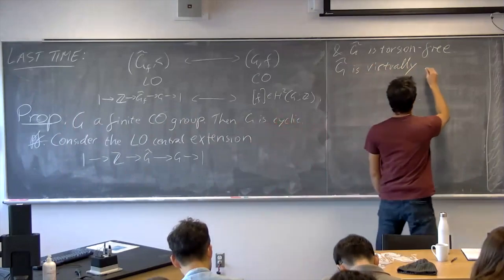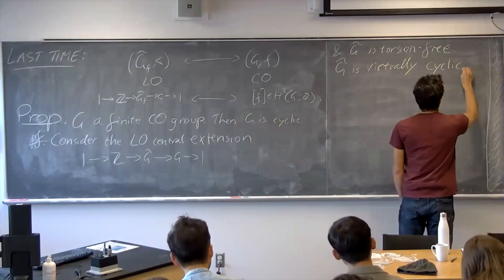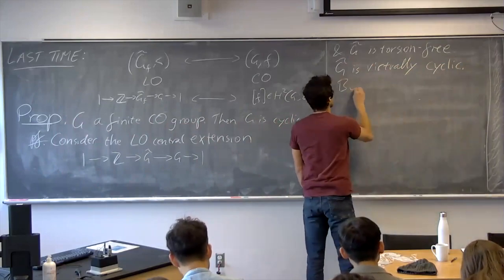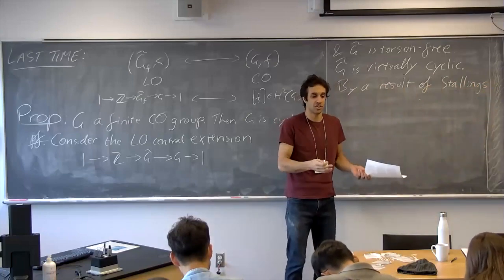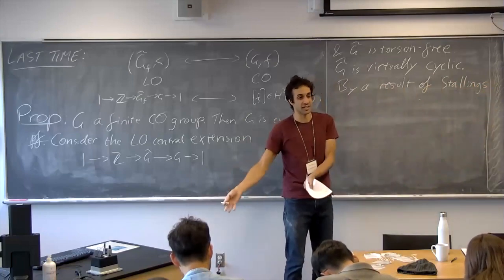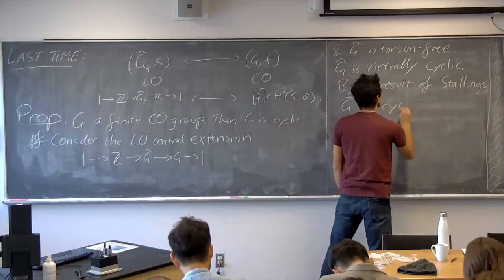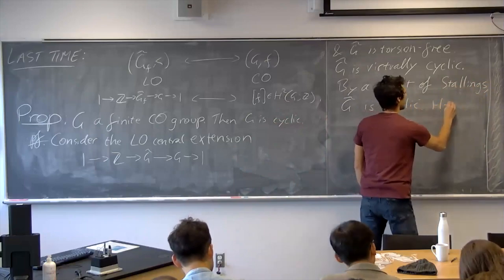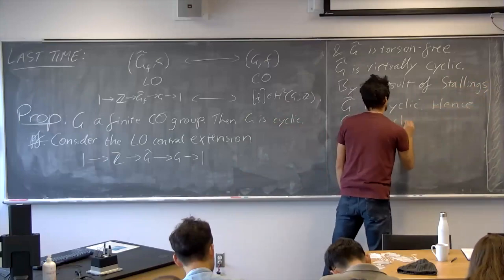So G tilde is virtually cyclic, and by a result of Stallings, usually stated as torsion-free virtually cyclic equals cyclic, this means that G tilde is cyclic. Hence, G is cyclic. Great.